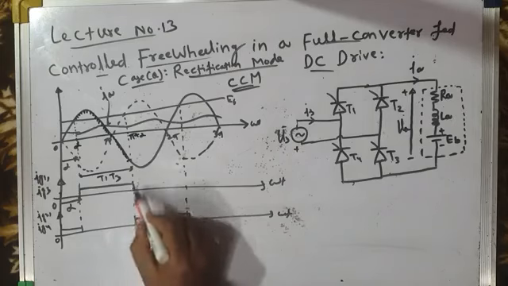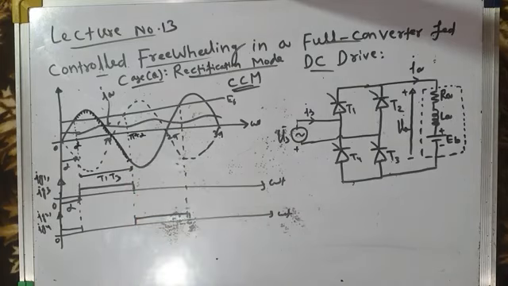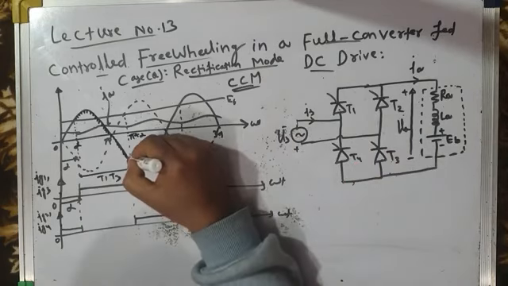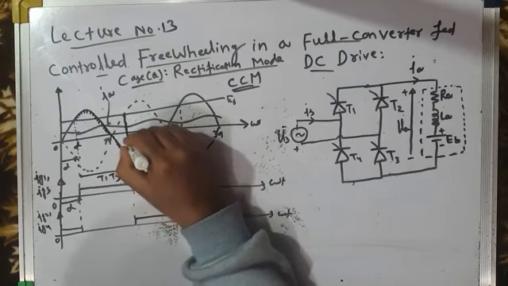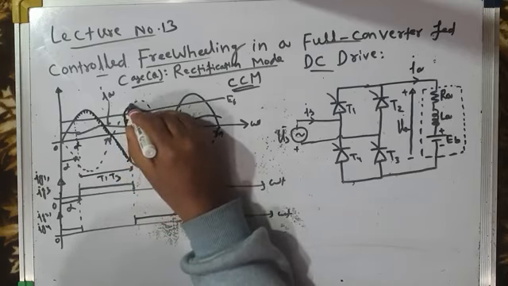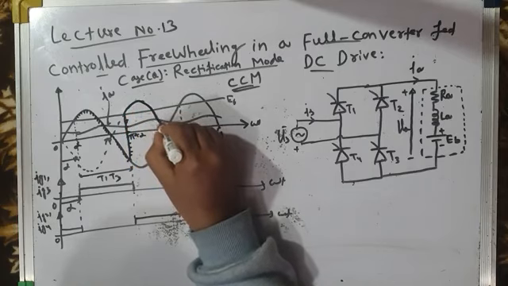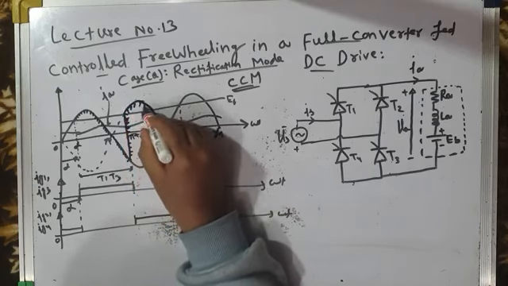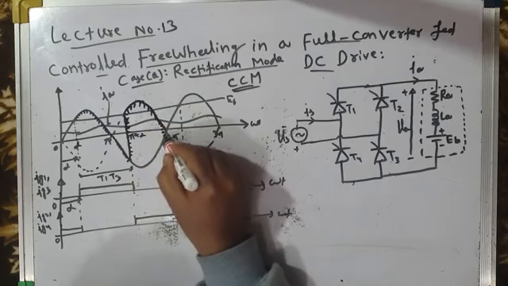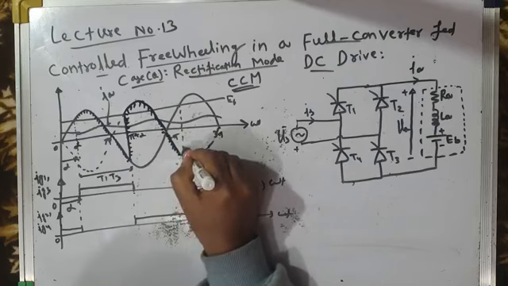And at pi plus alpha, since source voltage has already reversed its polarity, T2, T4 pair is fired. Load again gets connected across the source and it receives the positive segment of source voltage. So load voltage again becomes positive. You see, it is positive from pi plus alpha to 2 pi, a large positive segment, and from 2 pi to 2 pi plus alpha, a small negative segment. And then it repeats.